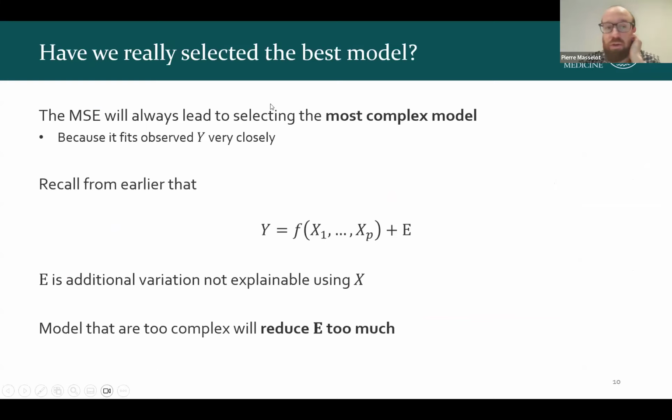But there is a catch, though: have we really selected the best model? If we just use the MSE like that, so we fit our model, make our prediction and compute the MSE, we can actually show that we will always select the most complex model among all the models, because this most complex model will fit the observed target very closely.